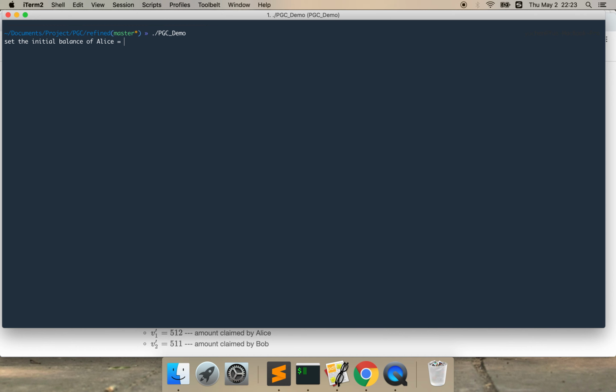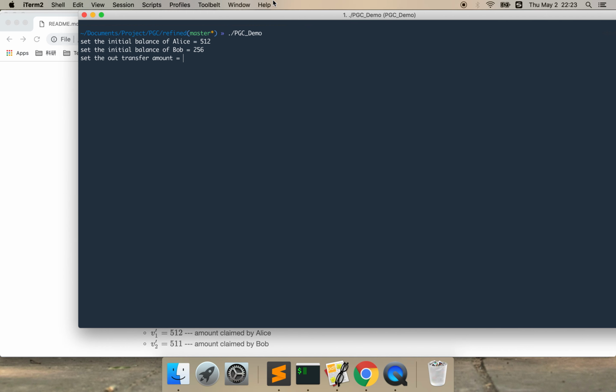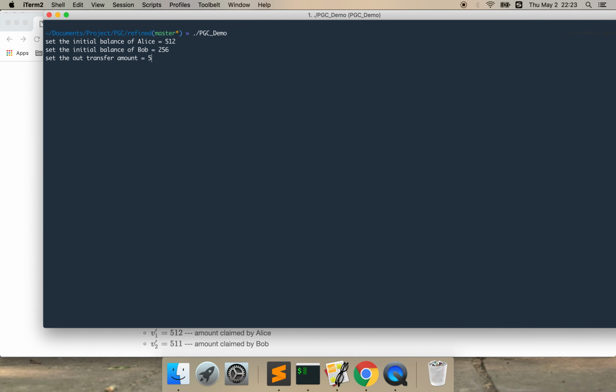The initial balance of Alice is 512. The initial balance of Bob is 256. The out transfer amount is 512.